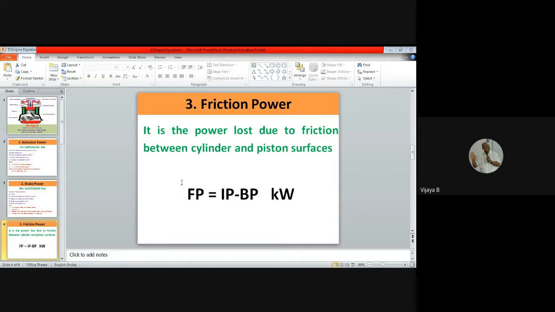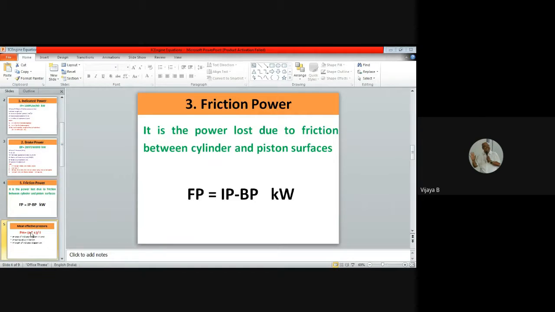That is the reason why BP is always less than IP, because by the time the power generated inside the cylinder is transferred to the crankshaft, some amount of power is lost due to friction. Therefore, you can always calculate friction power as the difference between IP and BP. Therefore, FP equals IP minus BP kilowatts. So these are the three definitions with respect to power: brake power, indicated power, and friction power.